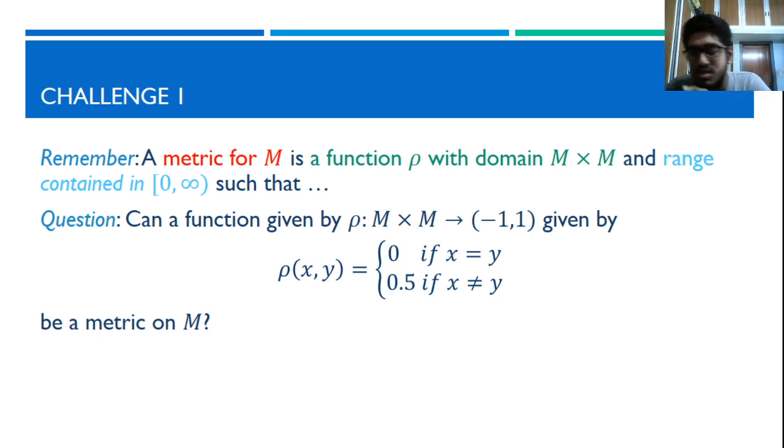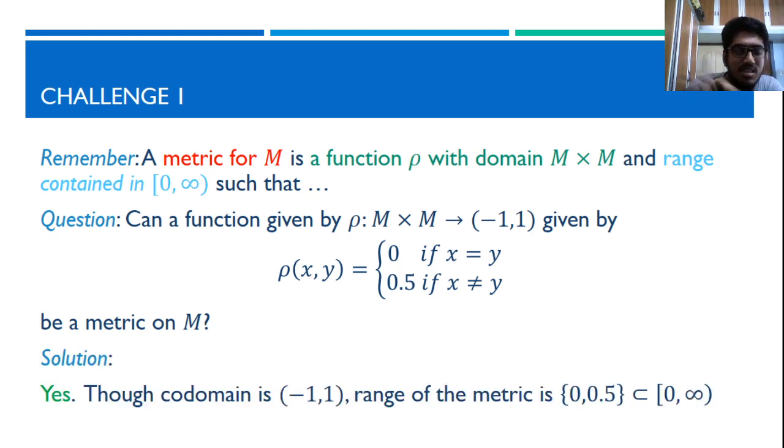And that something plus something turns out to be 1. Then what happens? Rho of x comma y is less than or equal to 1, which is satisfied easily. Hence, we can easily say that this will work as a metric.